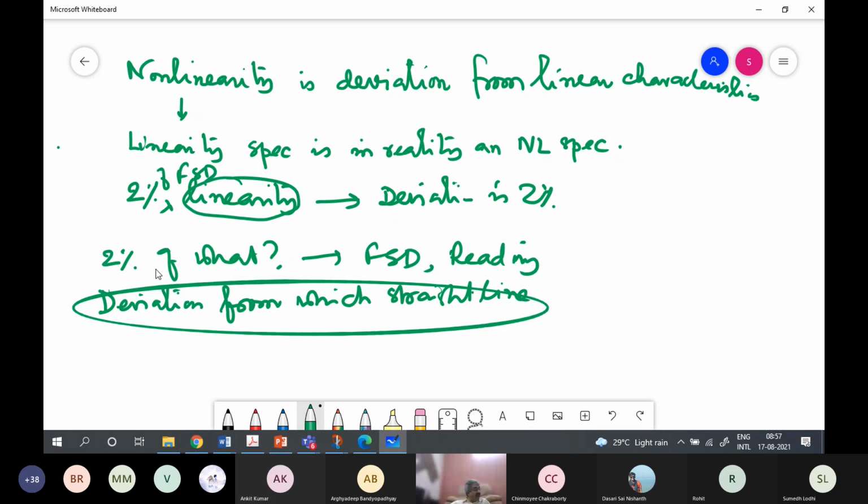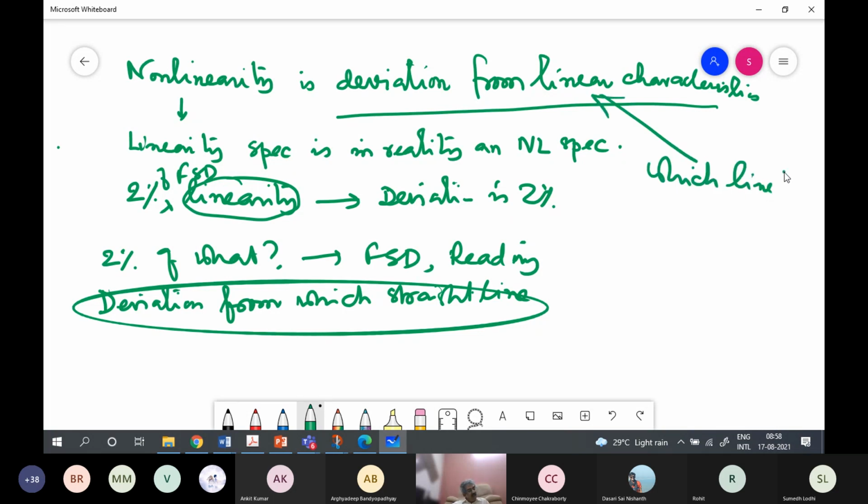When you are stating a nonlinearity specification, it is a deviation from the linear characteristic. But which line? Suppose I do an experiment with the sensor and I get some points.